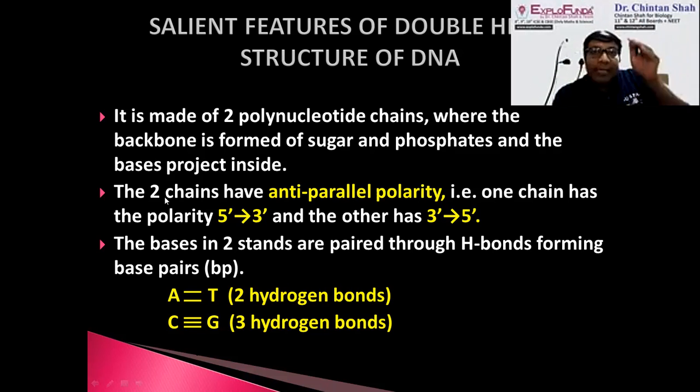So one is moving 5 prime to 3 prime, another is moving 3 prime to 5 prime. Agree? The bases in the two strands are paired with hydrogen bonds forming base pairs, which is known as AT and CG rule. So A binds with T with two hydrogen bonds, and C binds with G with the help of three hydrogen bonds.